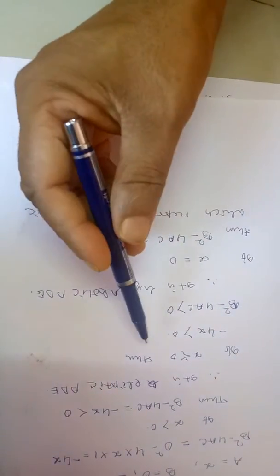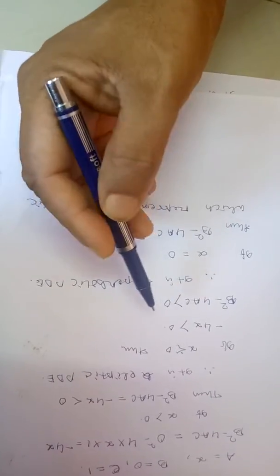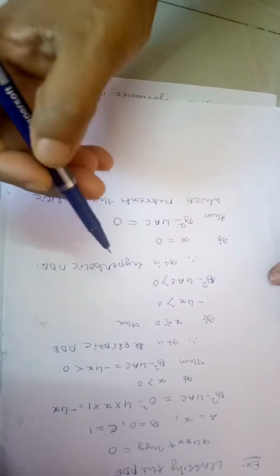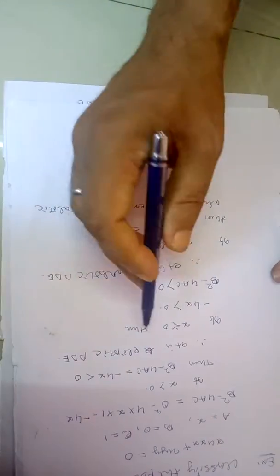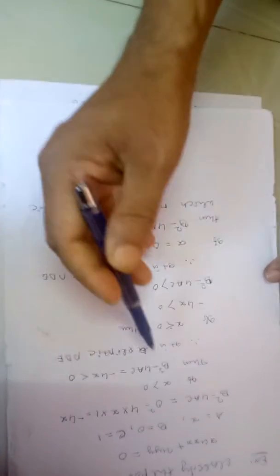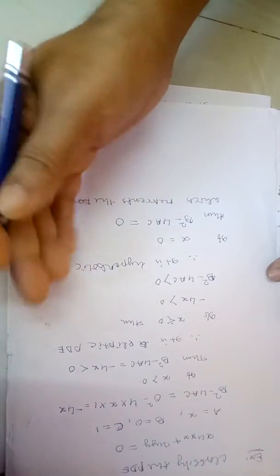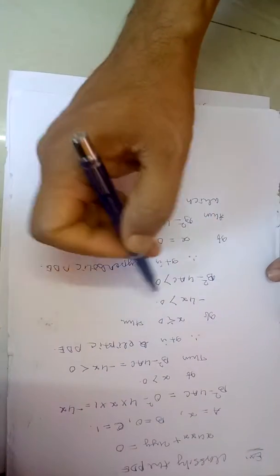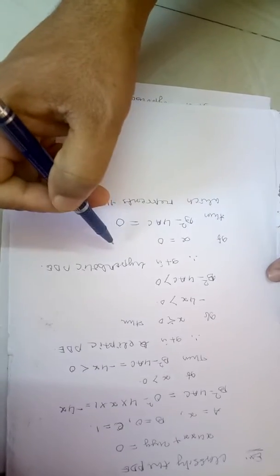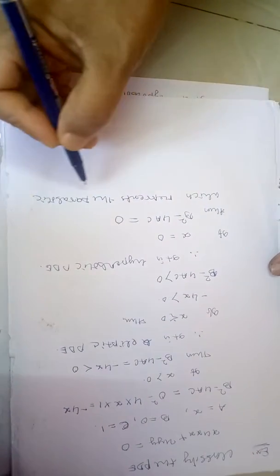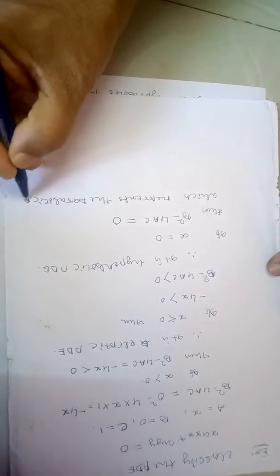So for x greater than 0, that means the right half of the plane, in the right half of the plane the PDE behaves like your elliptic PDE, and for the left half x is less than 0, the PDE behaves as hyperbolic PDE, but at x equal to 0 it is the parabolic PDE.